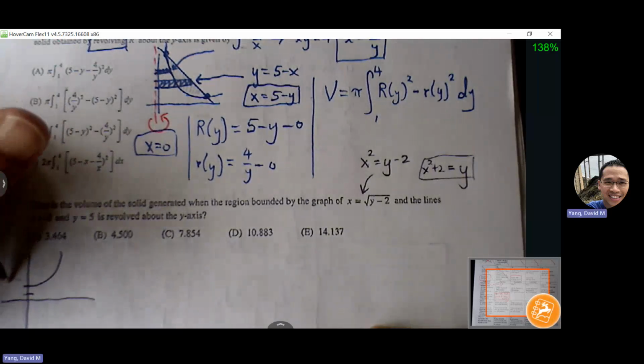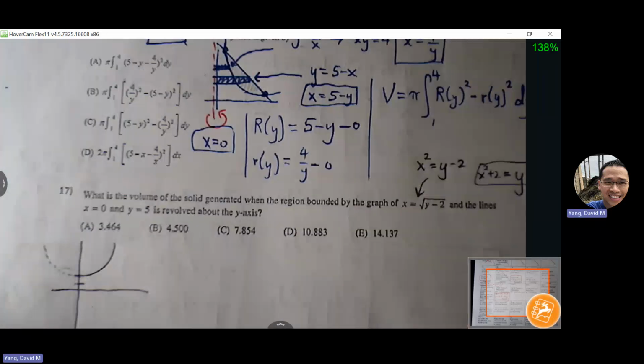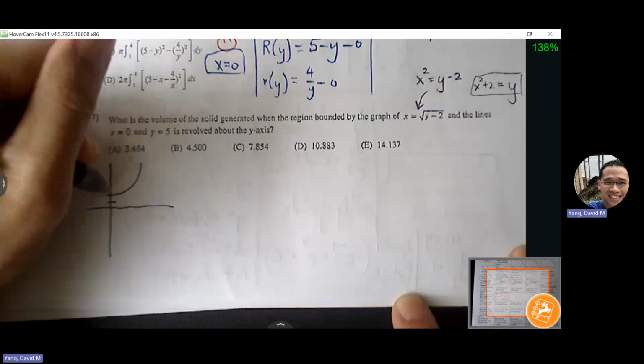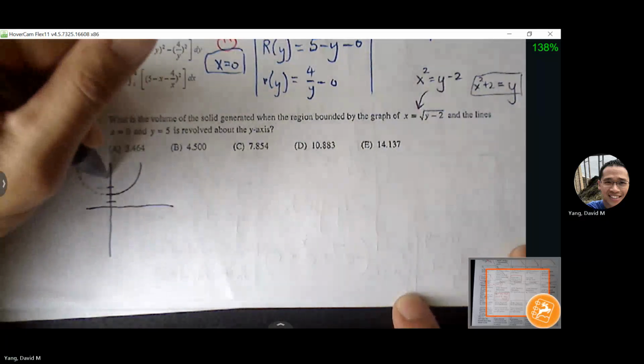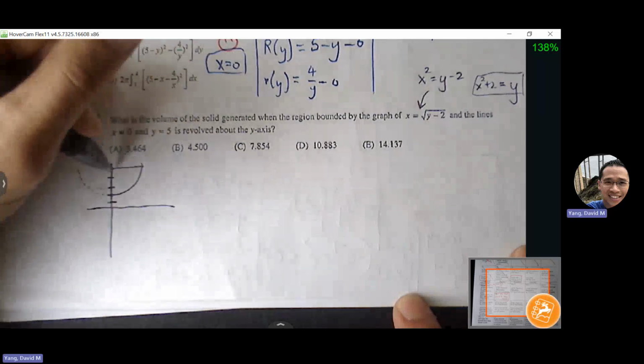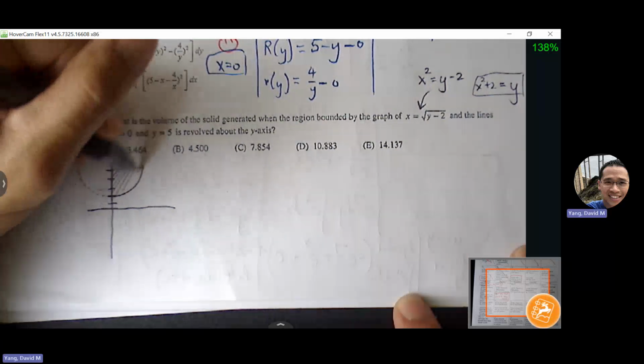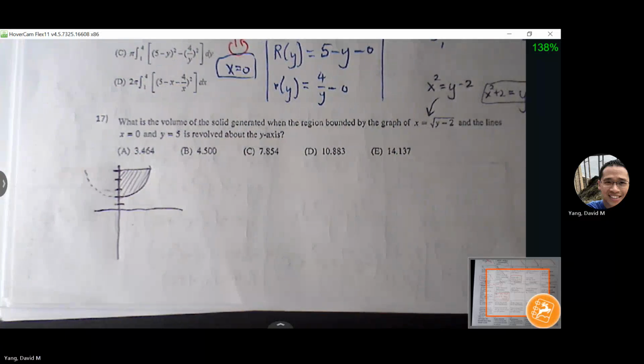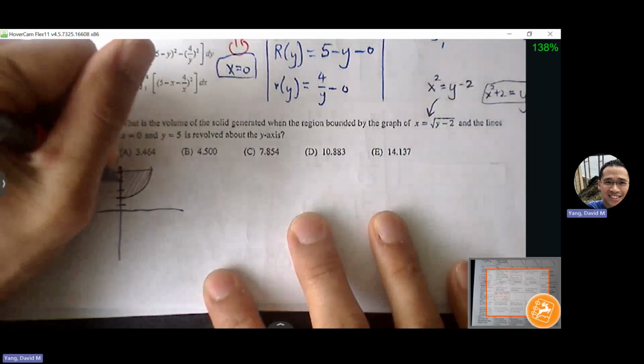Technically, the parabola extends to the second quadrant, but we have boundaries at the line x equals 0 and y equals 5. So it's just going to be this kind of quarter-circle-looking shaded region in the first quadrant. We're taking that shaded region and rotating it about the y-axis.